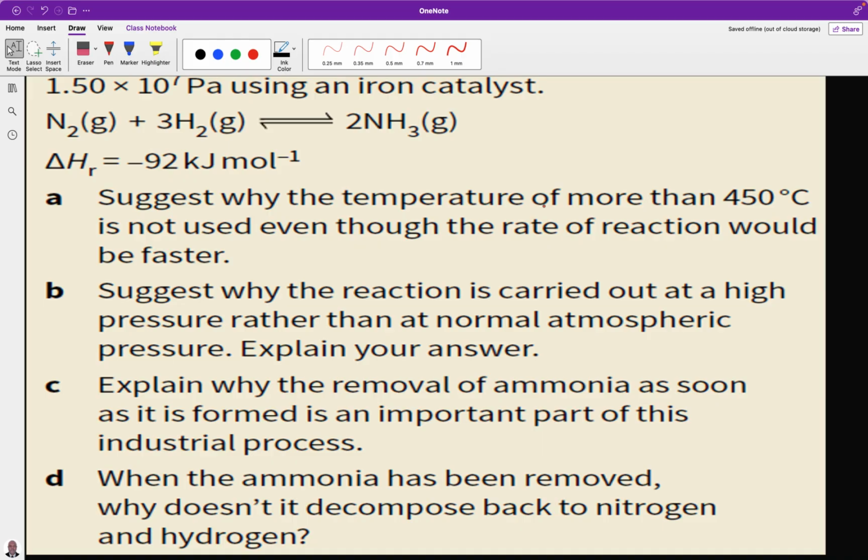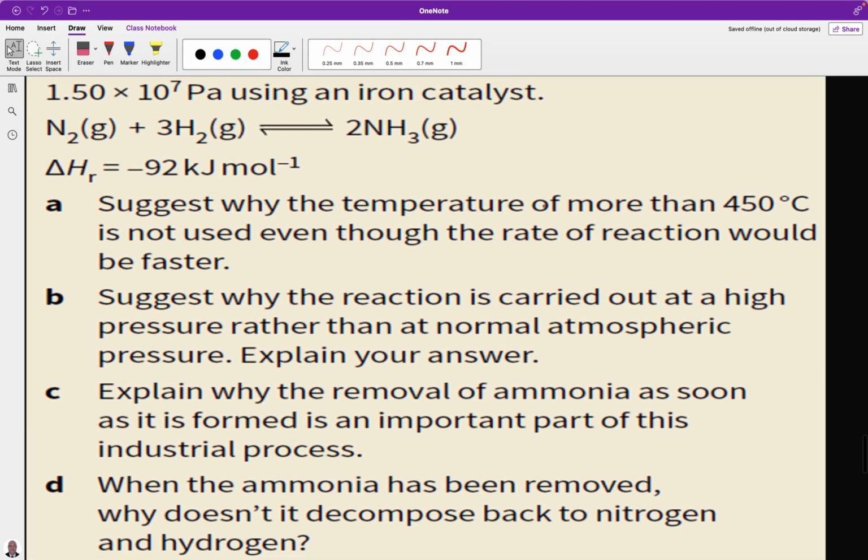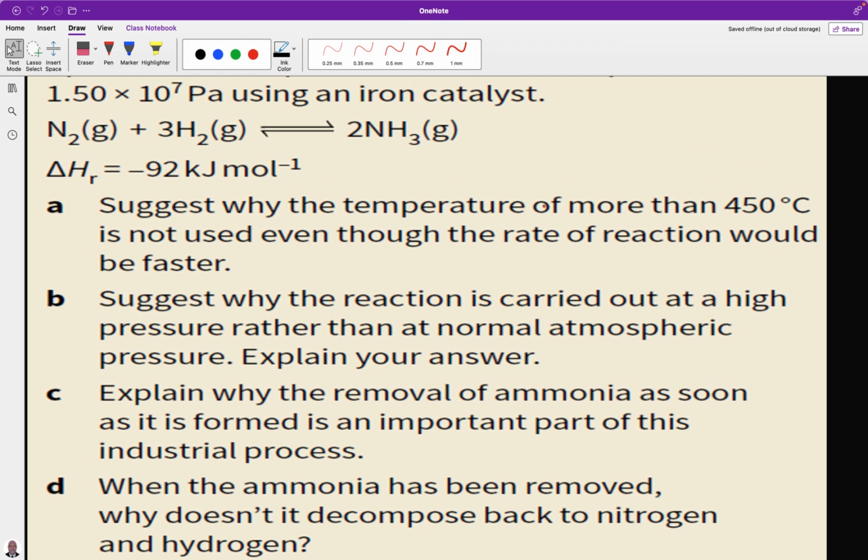The D part of it: when the ammonia has been removed, why doesn't it decompose back to nitrogen and hydrogen? Ammonia has been removed from the system, but prior to its removal, it does what? It is condensed to liquid.